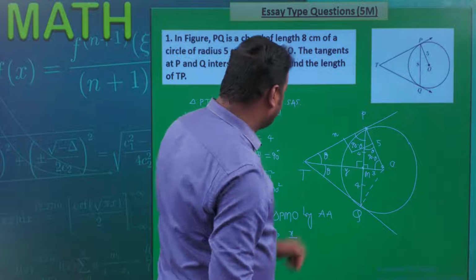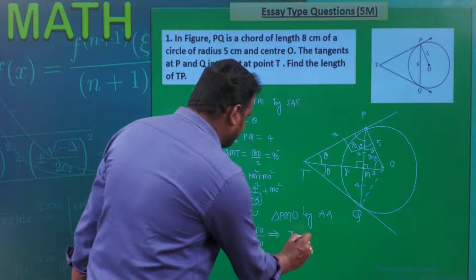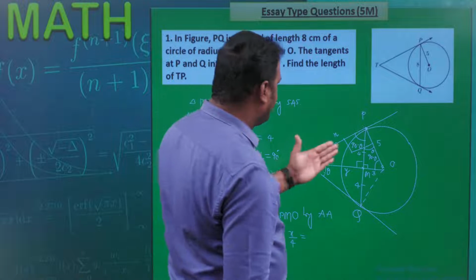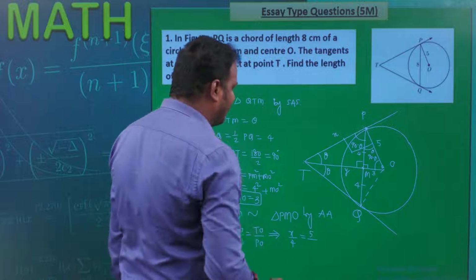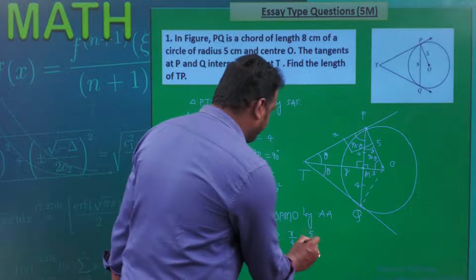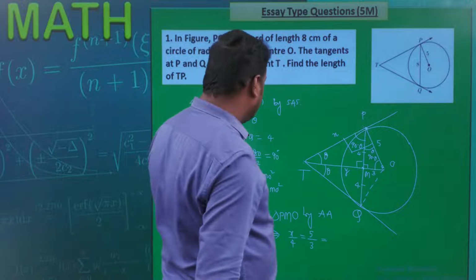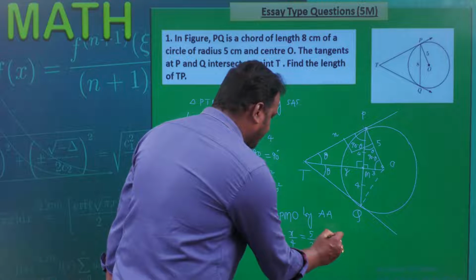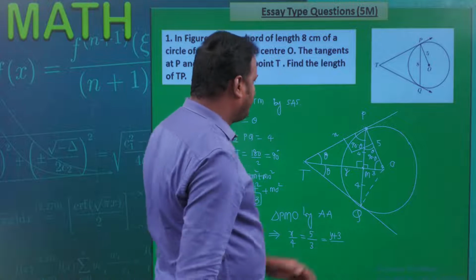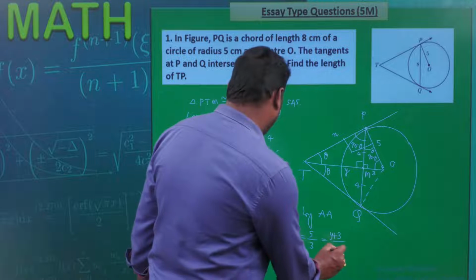PM is equal to 4, so X divided by 4 is equal to PO, which is 5, divided by MO. MO is equal to 3, is equal to, finally TO, that is Y plus 3, whole divided by PO, which is 5.